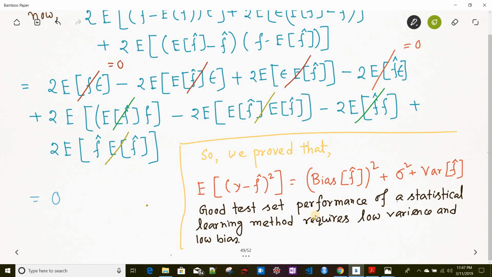Now if you see, good test set performance of a statistical learning method requires low variance and low bias because of this particular equation, which we have discussed before as well. So this is called the bias variance trade-off.